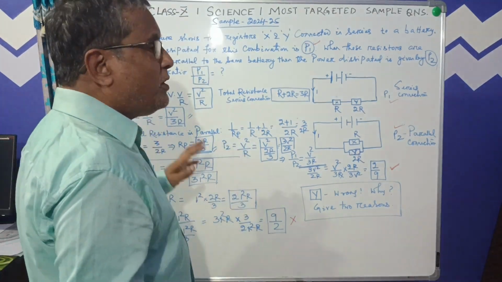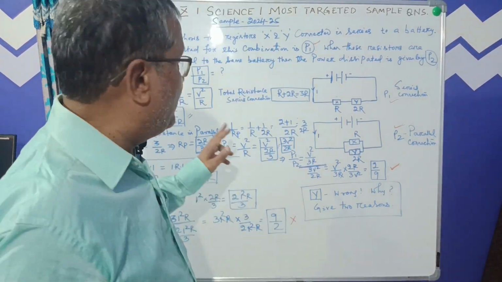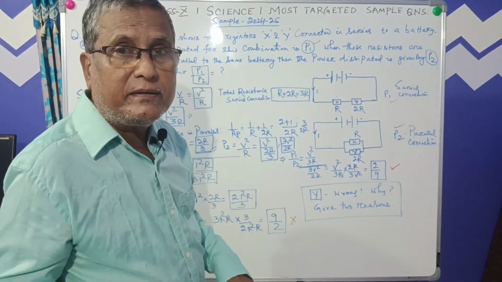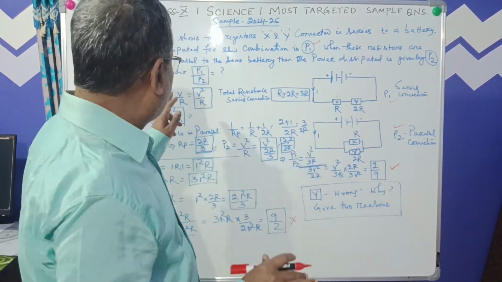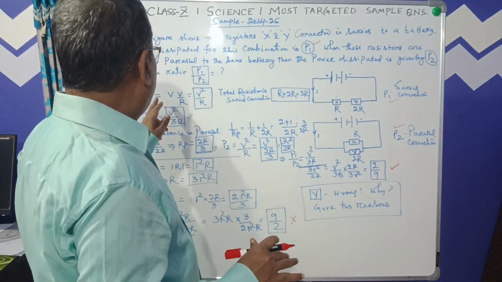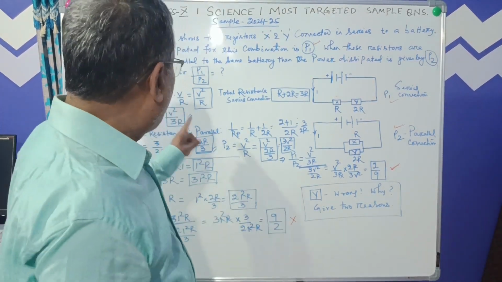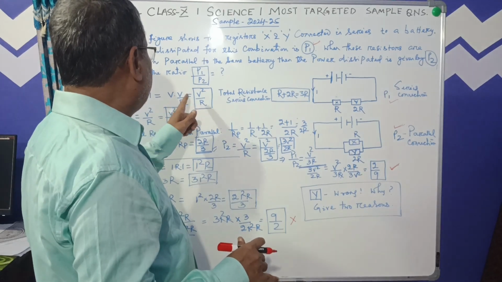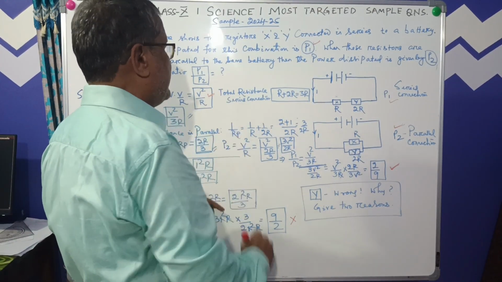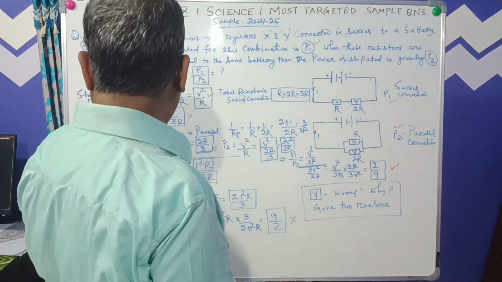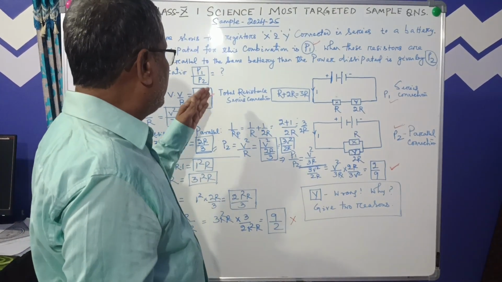Power P is equal to V into I, voltage into current. That is the formula you have to remember. And if we apply Ohm's law, I is equal to V by R, then the formula becomes V square by R. Student X applied this formula to find the ratio.